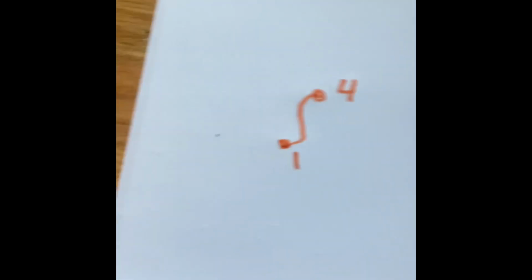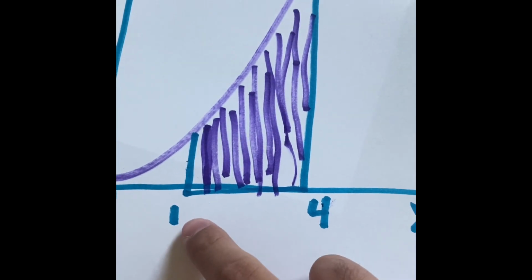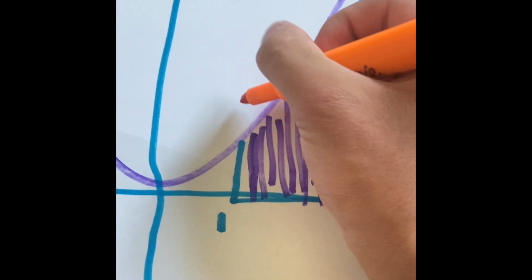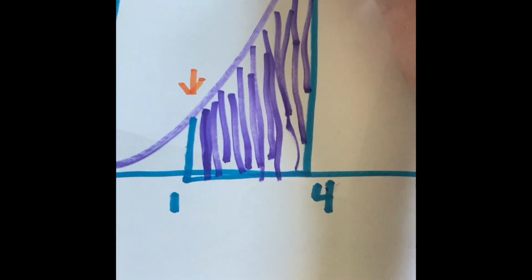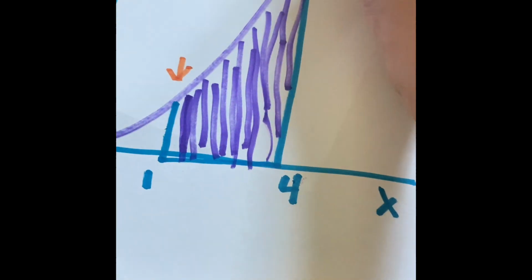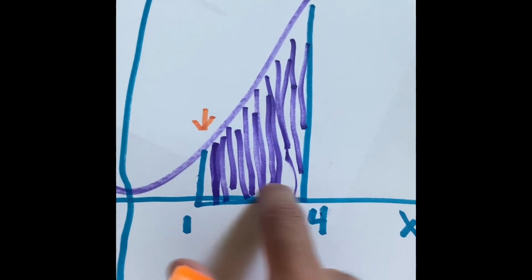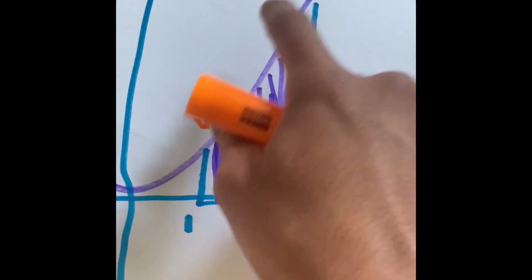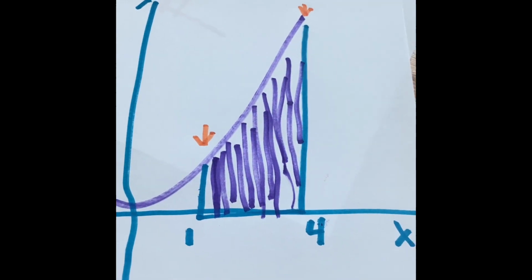Here's an example. By using the integral symbol, it's saying that here is our first boundary, do not cross the line, and here is our second boundary, do not cross the line. And you must calculate the area inside here. You can't go outside of it or you'll be breaking the boundaries.